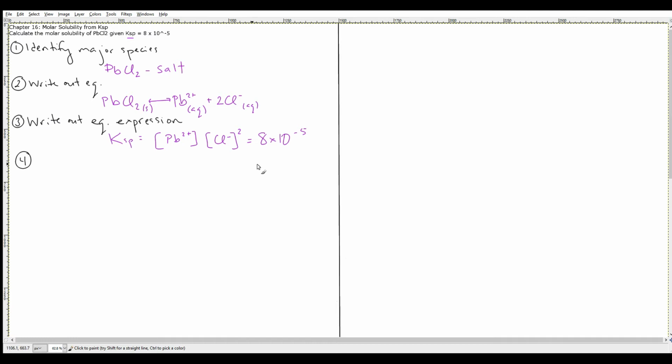Alright, so now that we have our equilibrium constant and we're trying to figure out concentrations, I better set up an ICE chart. I'll write the whole thing on here and label it as a solid.